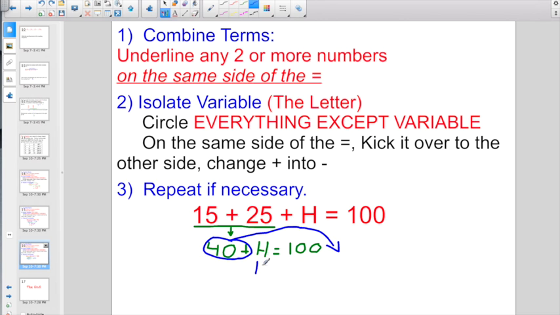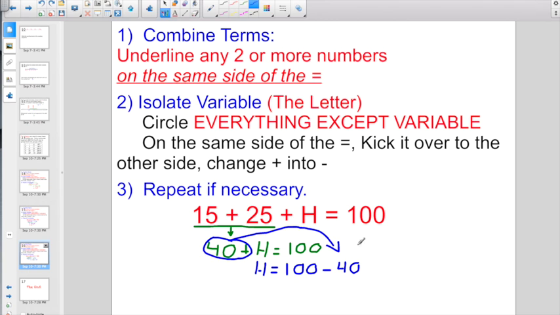I did not circle H. I did not circle that equal sign. I did not circle that 100. But I did circle and kick a 40 and a plus sign. So change plus into minus. And now let's write down the 40.